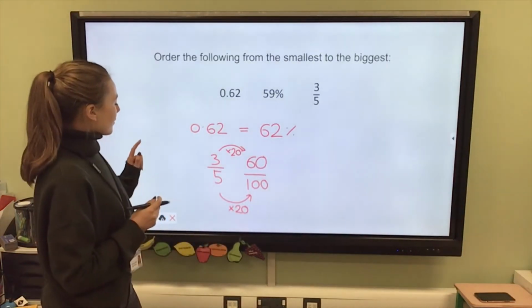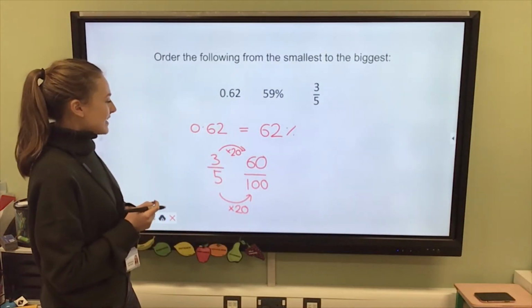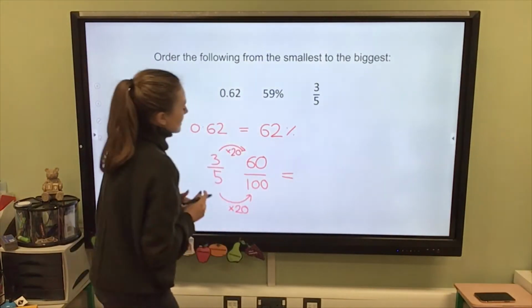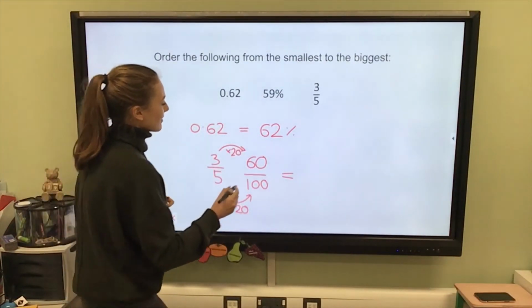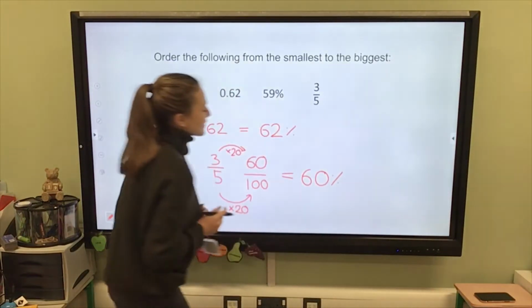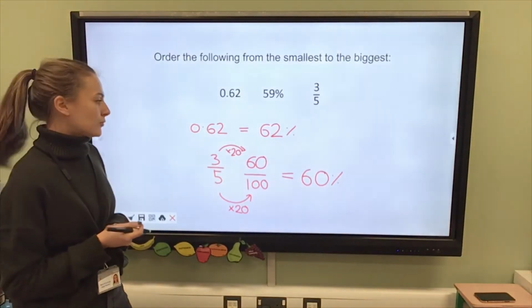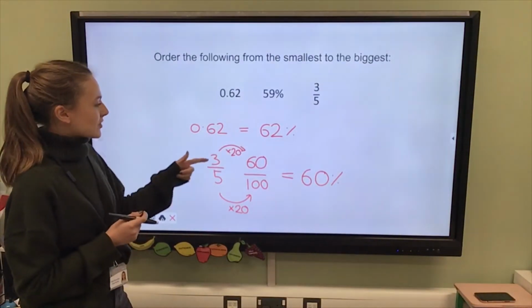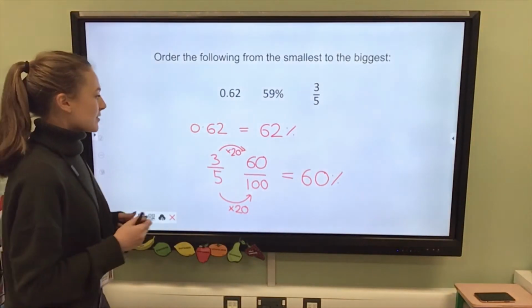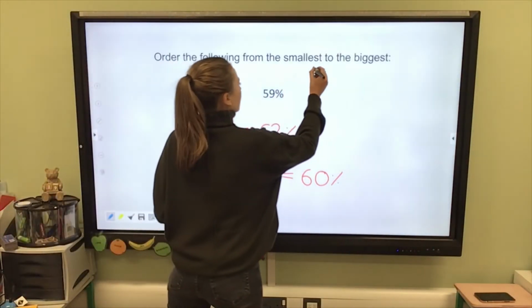So 3/5 is equivalent to 60/100. And now I have my 60/100. I know that that's equivalent to 60%, because percentages are always out of 100. So now I've got them all as percentages, so I'm going to note them down.